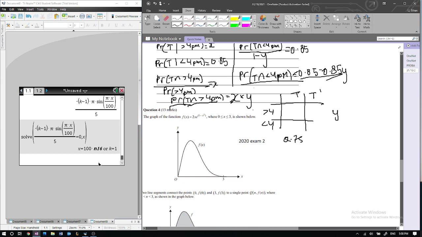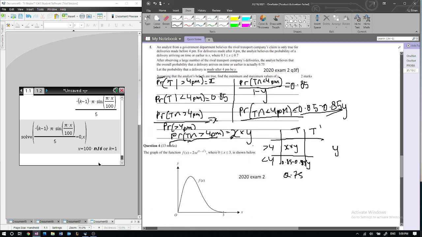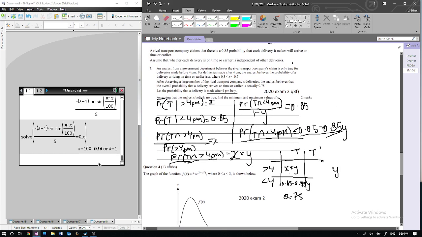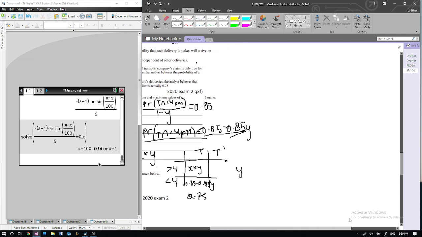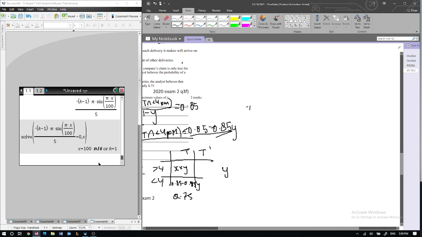Then we've got P(T and smaller than 4 p.m.) is 0.85 minus 0.85y, and we also have this, which is x times y. Then we can make an equation, because we know that xy plus 0.85 minus 0.85y is equal to 0.75. So here we go.